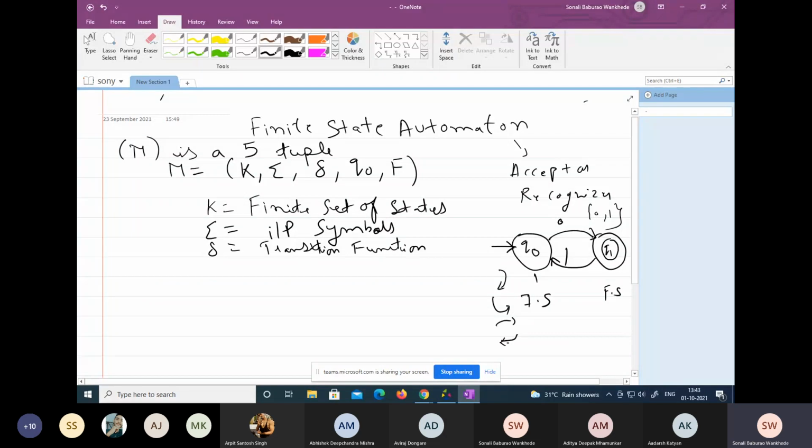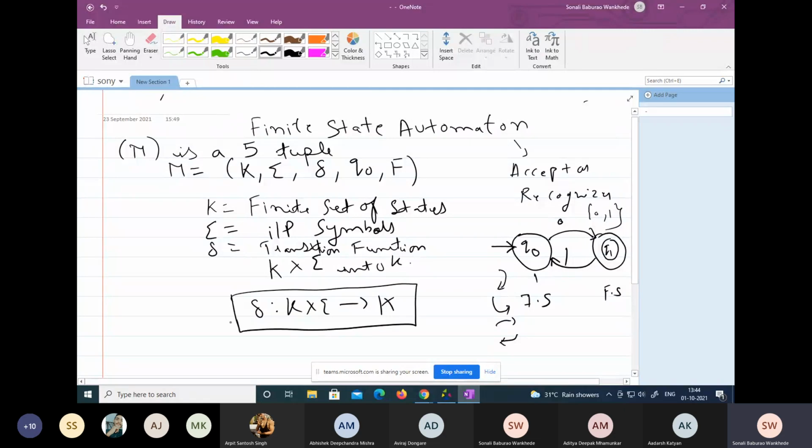That is called a particular transition. So delta is a transition function, or a mapping from K multiplied by sigma into K. This is how it is written, and this is how we compute the value of delta or transition.